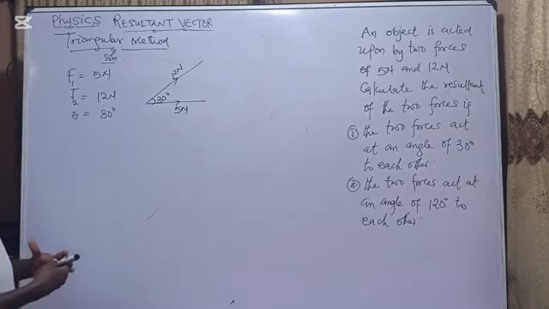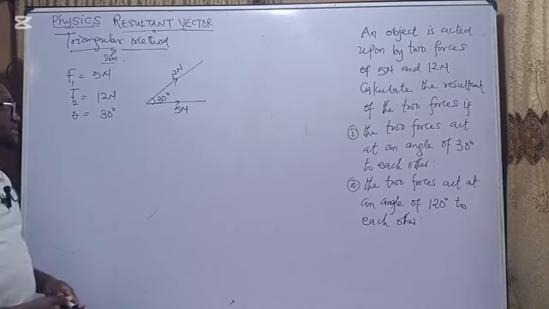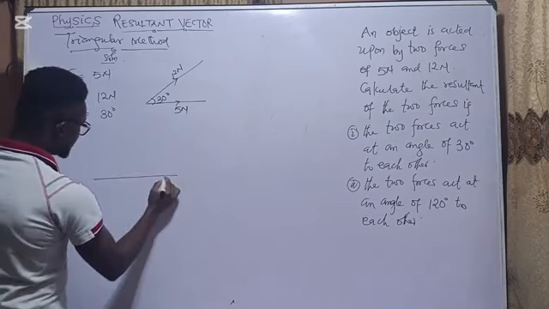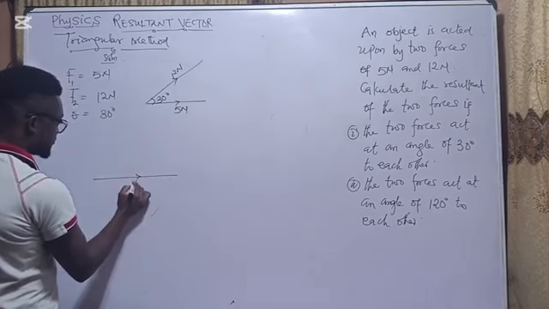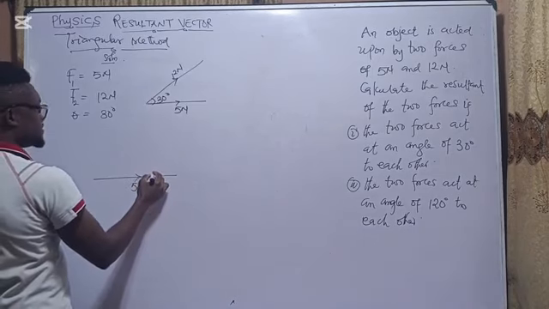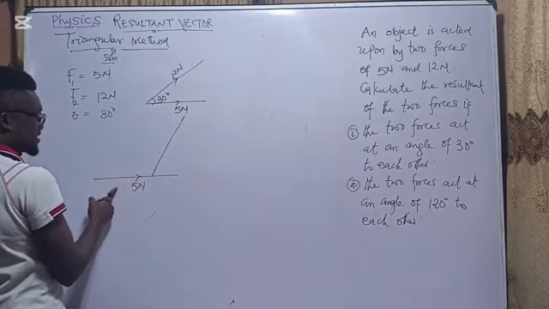Now, in order to simplify this using the triangular method, I can pick any force at a time. Maybe I have 5 Newton here. Then the longer force there is 12 Newton. So 12 Newton is greater than 5 Newton.